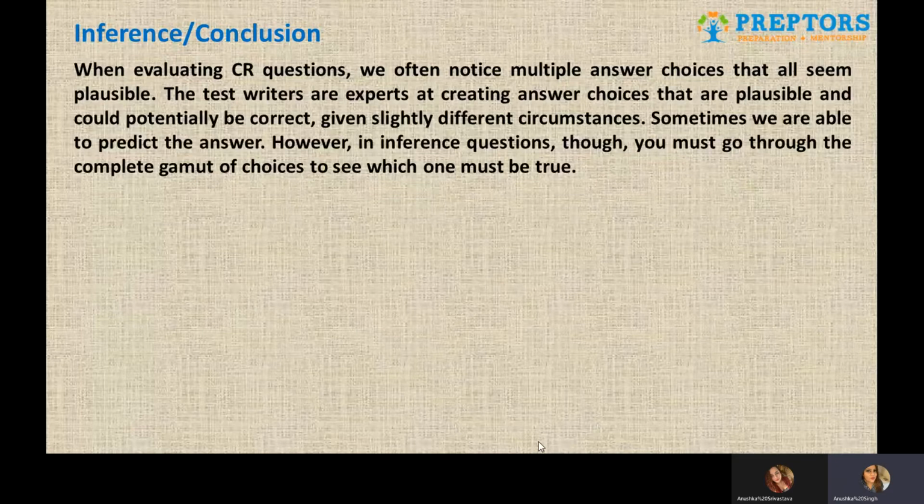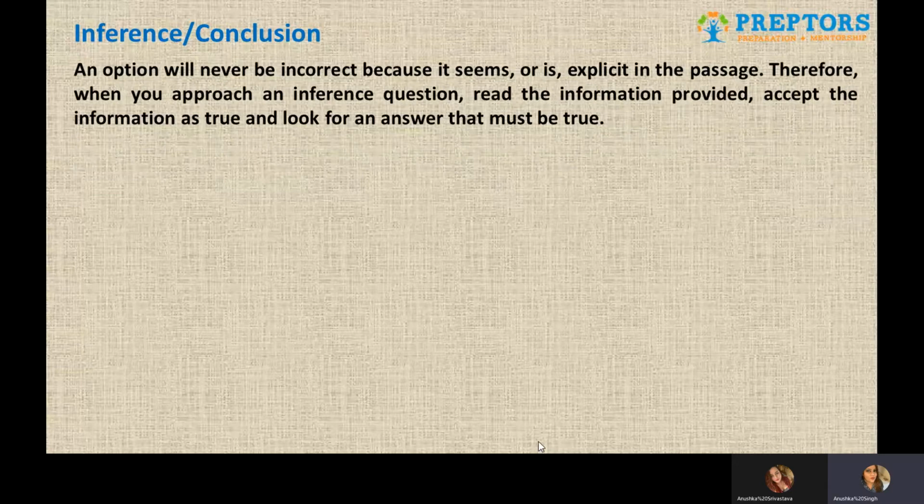You may be stuck between two options, thinking this can be my scoring option, but there may be times when you have to go through all the options in order to find your answer. You can't eliminate an option and say that it is incorrect just because it is explicitly stated in the passage.